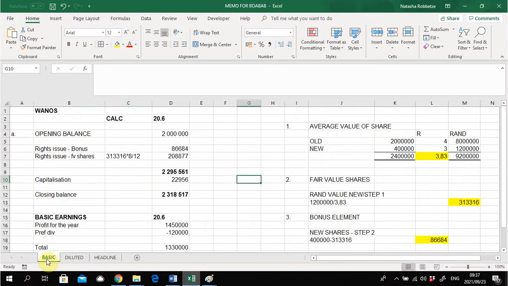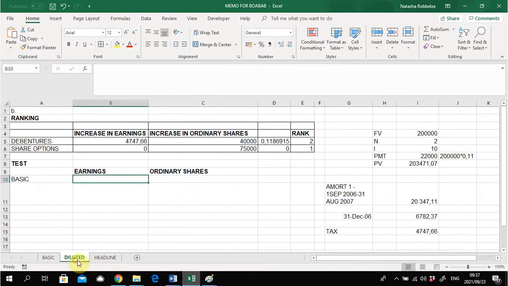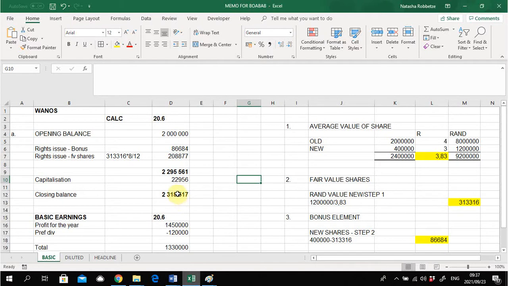So what were the basic earnings? If I go back, it was 133,000. What were the ordinary shares relating to? It was the weighted average number of shares, and that was this amount.